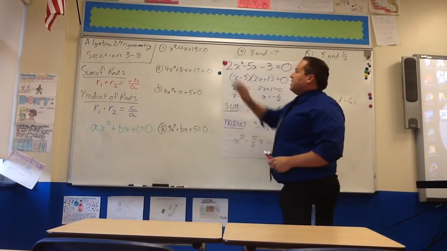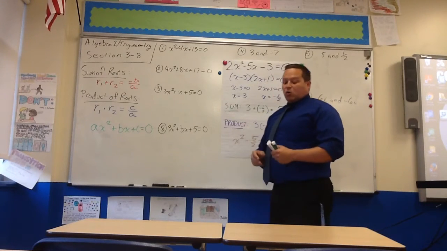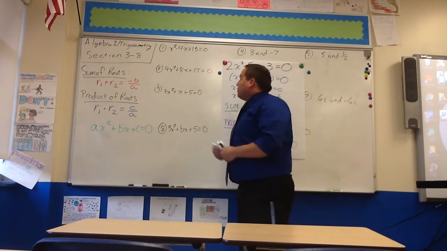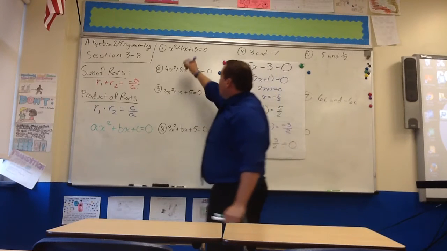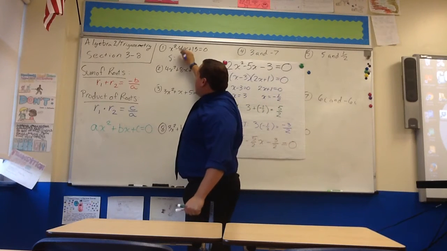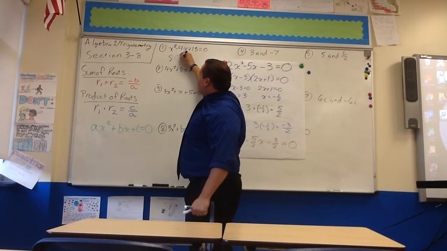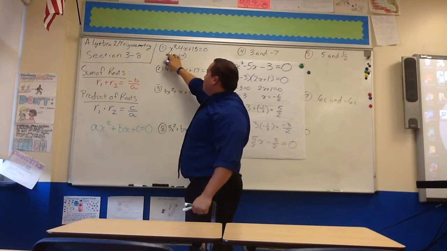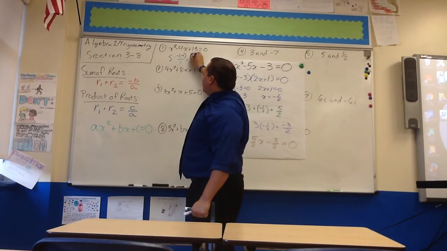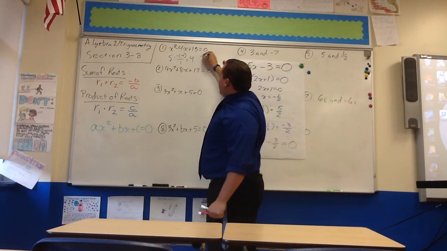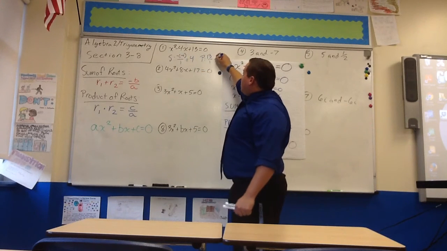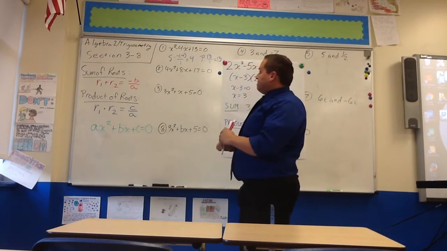So if I look at these first three quadratic equations, number 1, x squared minus 4x plus 13. The sum would be the negation of negative 4, so negative 4 divided by the a of 1, or just 4. The product would be 13 divided by 1, or just 13.